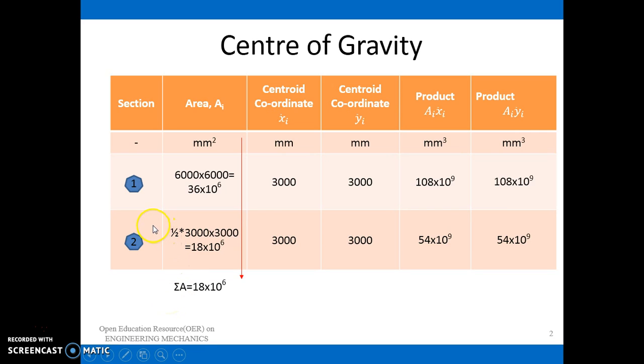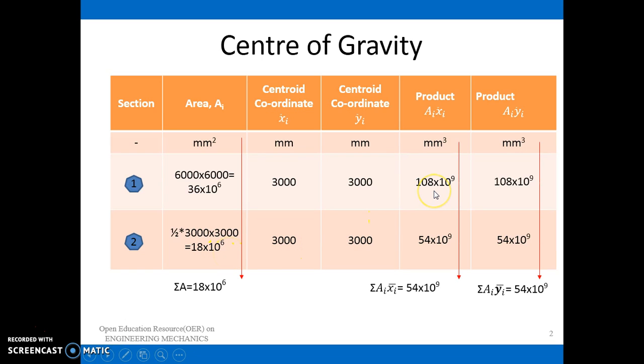A triangular section is cut from a rectangular section, that is, 2 is cut from 1. So instead of adding this area, you'll have to subtract, that is 36 into 10 raised to 6 minus 18 into 10 raised to 6. So you get around 18 into 10 raised to 6.